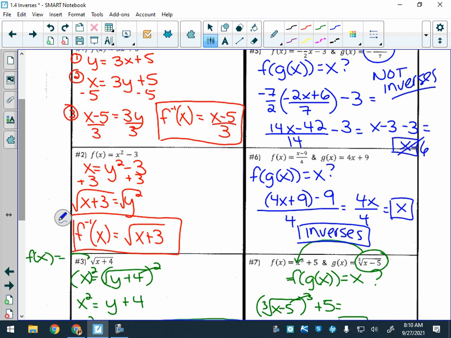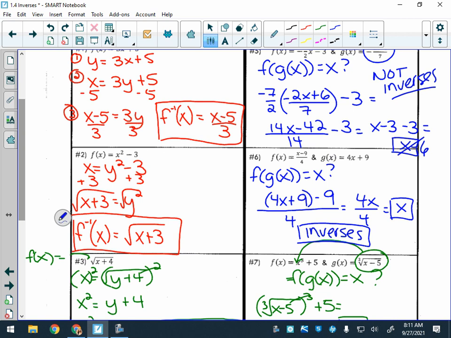So I'm glad there was one on here that you were able to see, because it doesn't work all the time. Don't assume that x squared and square root of x are always inverses of each other. Or the cube root of x and x cubed are inverses of one another. Or 2/7 x and 7/2 x are inverses of one another. Okay? So it's always good to check.